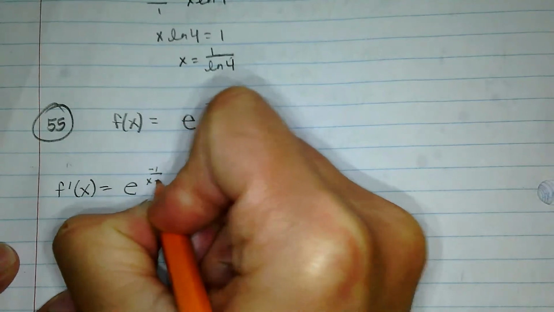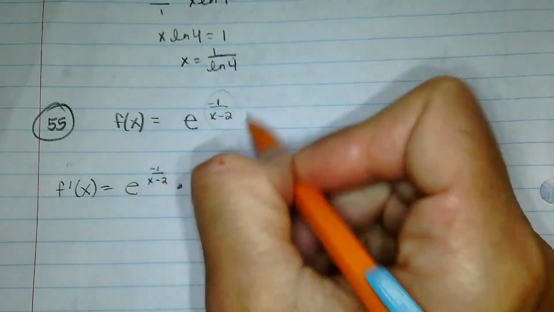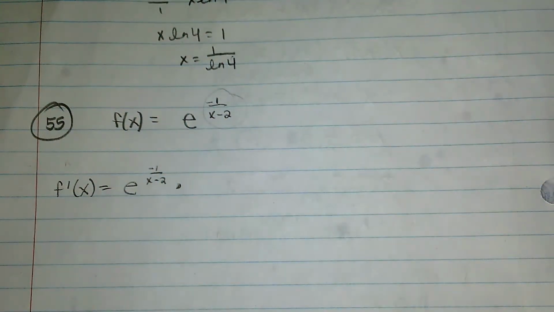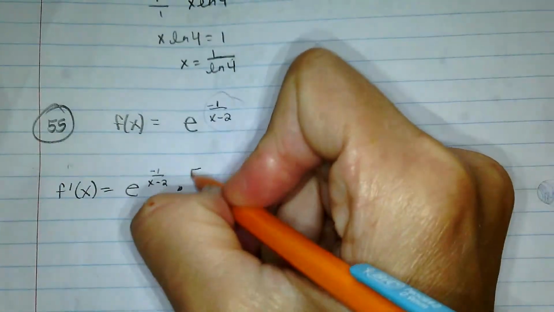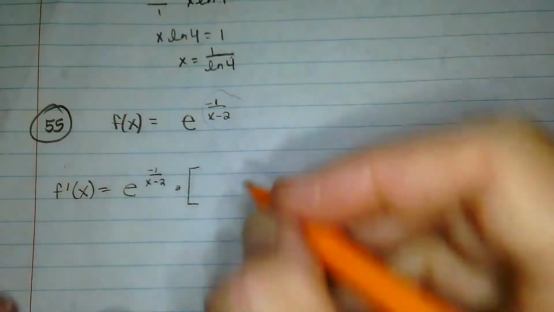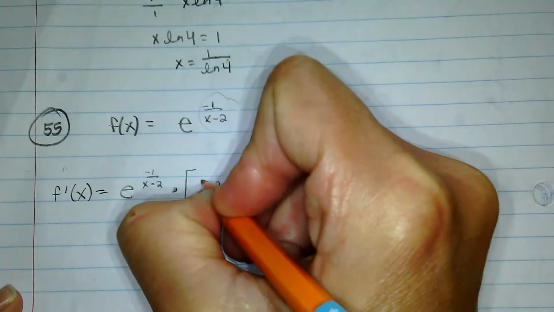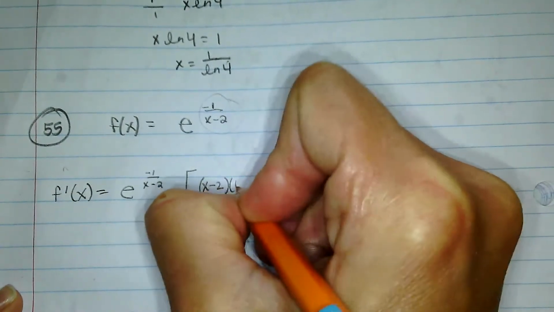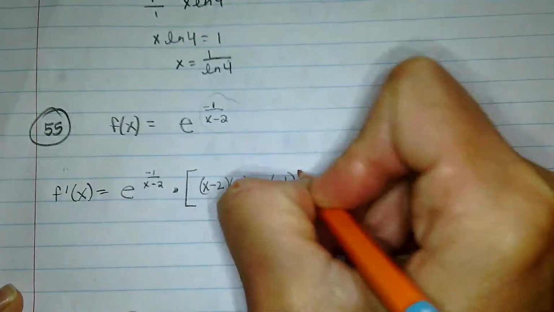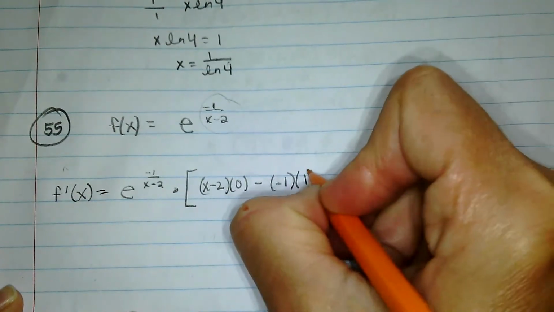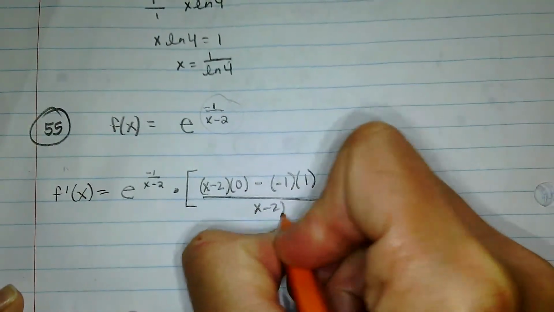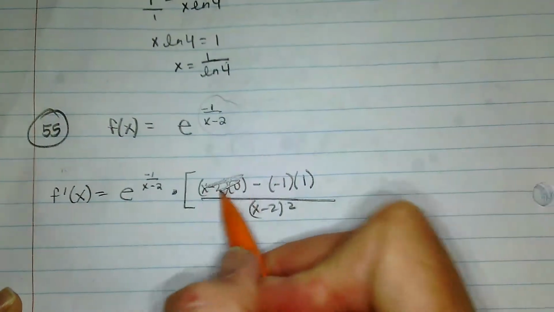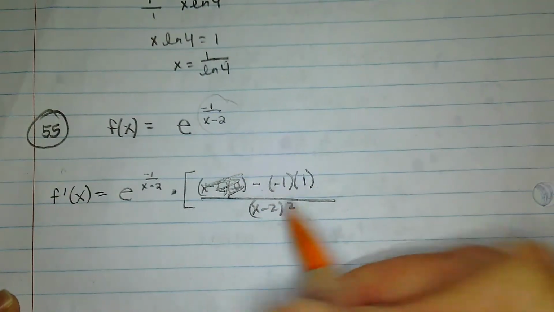E to that still, times the derivative of what's inside, which will be a quotient rule. Bottom times derivative of the top, which is 0, minus the top times the derivative of the bottom, which is 1, all over bottom squared, which is going to clean up to just being 1 over that.